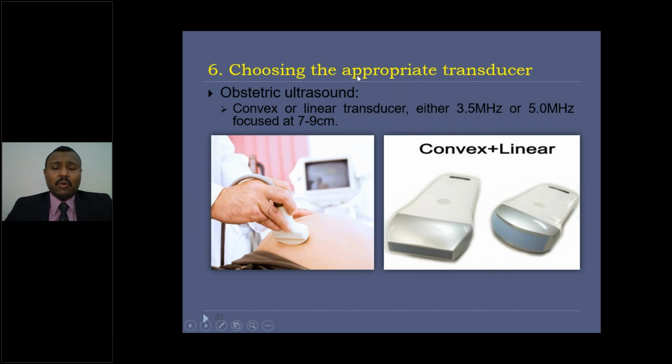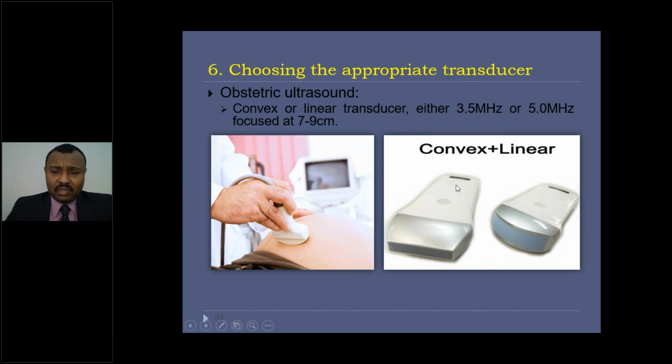We should make sure that our ultrasound machine contains an ultrasound transducer, and actually transducers appear in different forms according to the applications that they do. For example, here you can see this is a kind of ultrasound transducer known as a linear ultrasound probe, while this kind is known as a curved linear ultrasound probe.